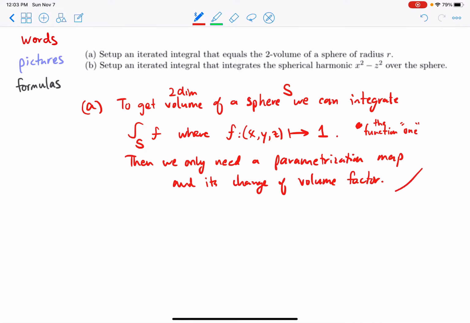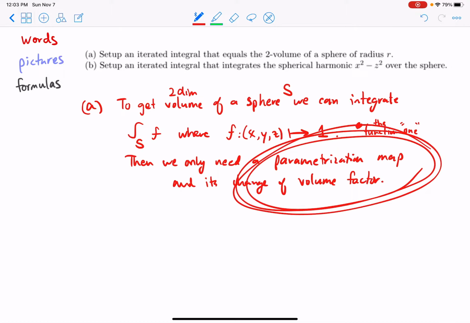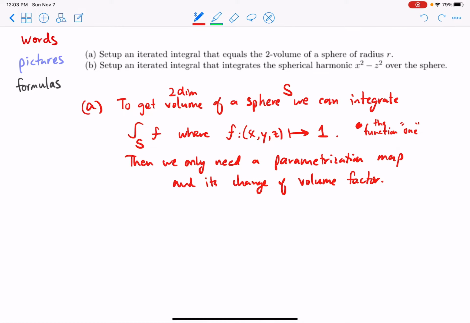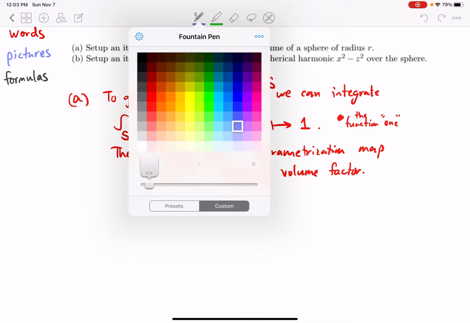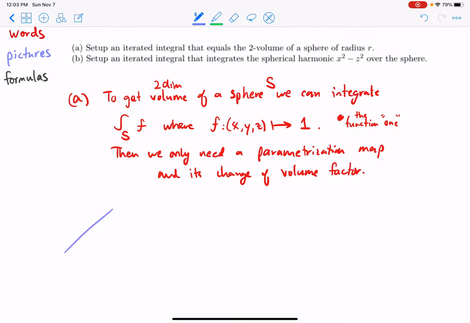And actually, we know how to parametrize the sphere, right? That was problem 1. And so we can just sort of quickly rediscover this. We have some three-dimensional space, and we have some point here, and there's this triangle, which is a right triangle, and then there's this triangle, which is a right triangle.